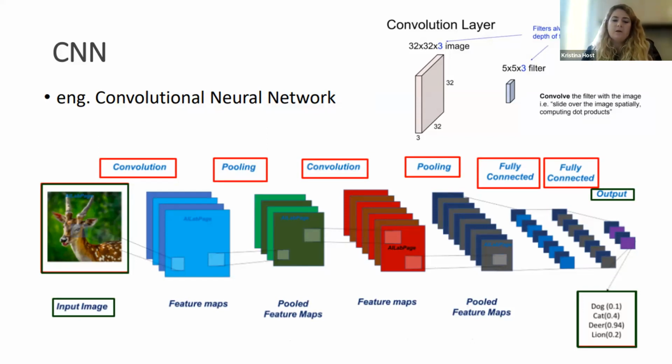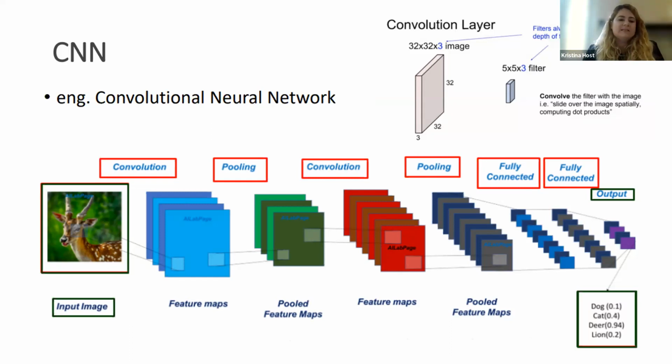We have 3 types of layers: an input layer, hidden layers, and output layers. The input layer stores the values of the pictures. The output layer provides us the probability of what is in the picture for each class. So if it's a dog, cat, deer, lion, and similar, what is the probability for that?